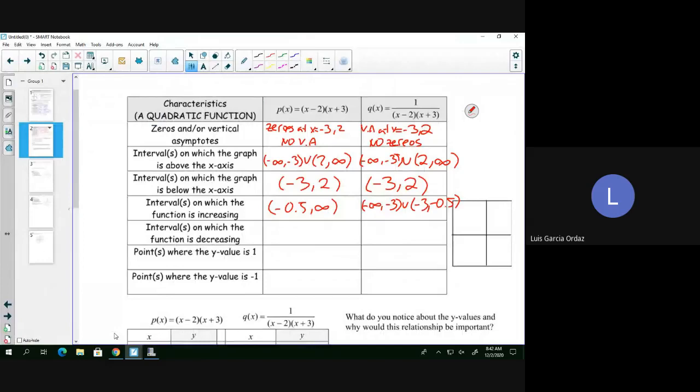So we have negative infinity to negative half for the parent function as our interval of decrease. And then we have negative 0.5 to 2 in union with 2 to positive infinity. Okay, so remember, you're getting your answers based off just looking at the graph itself. You're not using anything really special.